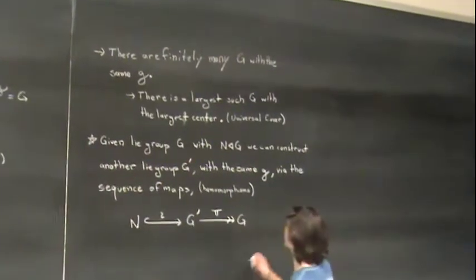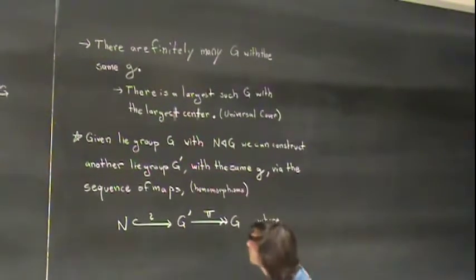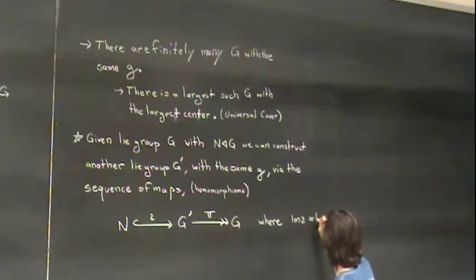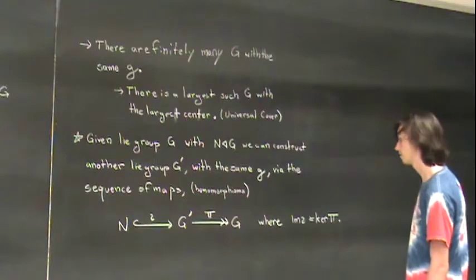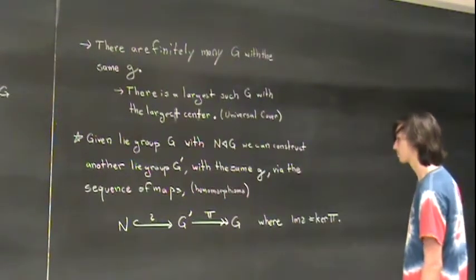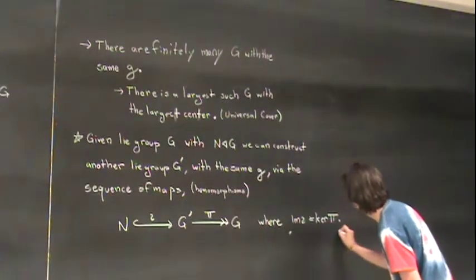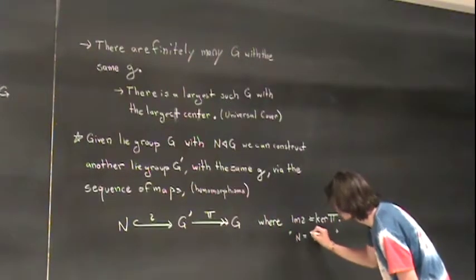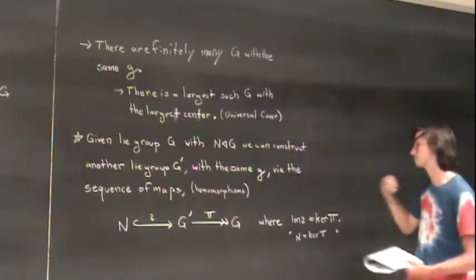And the idea is that we want a certain property to hold, and that is that the image of iota should be equal to the kernel of pi. The image of iota should be equal to the kernel of pi. Which, as we notice, means that this whole normal subgroup N is the kernel of the map pi. It's the thing that gets forgotten.